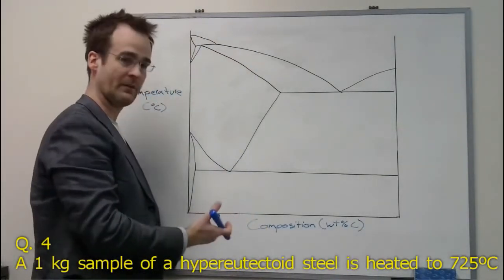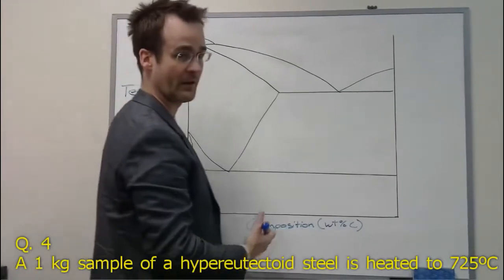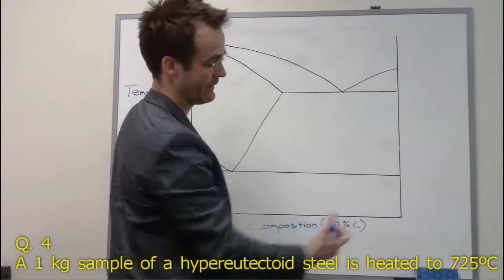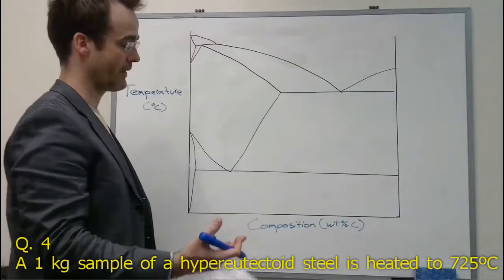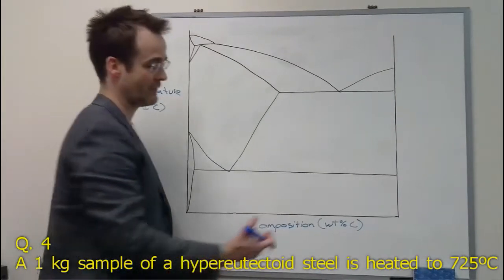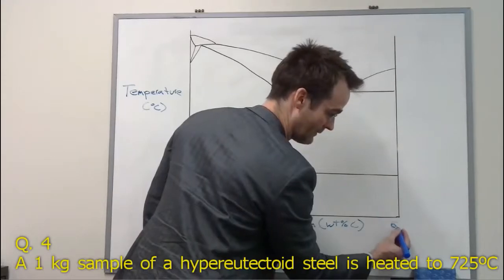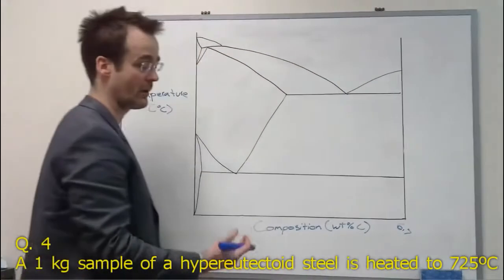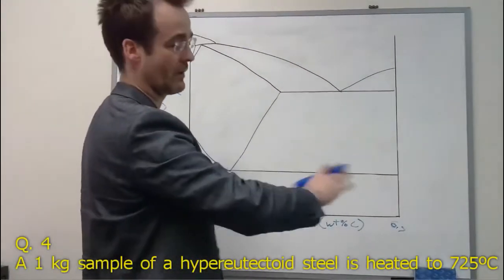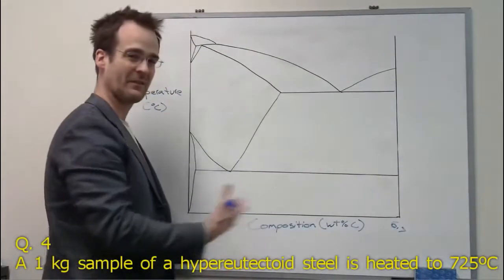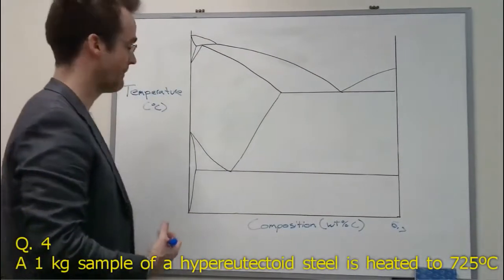So remember, the composition axis is in weight percent of the component on the right. Now in this case, with the iron carbide phase diagram, we actually stop at a composition of 6.7 weight percent carbon. We don't go all the way to 100% carbon, which is way over there, because this is just the interesting portion of the phase diagram.